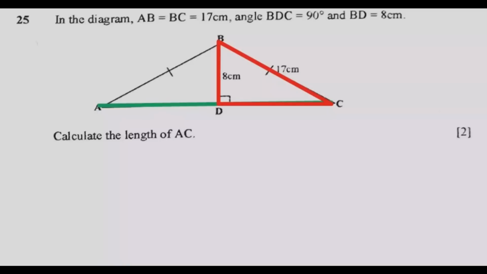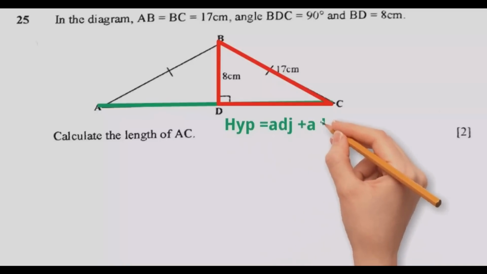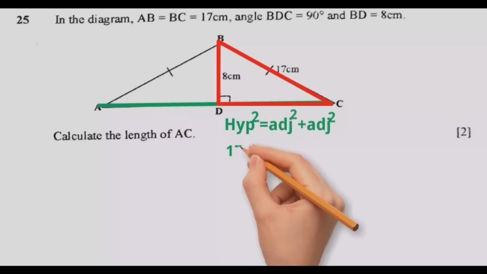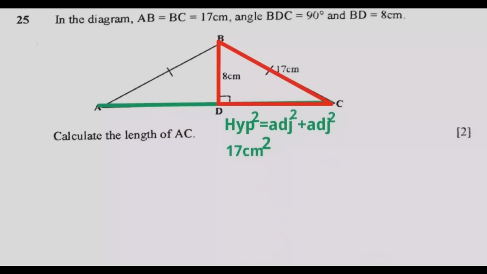So I'm going to write hypotenuse squared is equal to adjacent squared plus adjacent squared. What is the hypotenuse? The hypotenuse in triangle BCD is BC, which is 17 centimeters. So 17 centimeters squared is equal to BD, which is 8 centimeters squared, plus the other adjacent squared, because DC is not given.